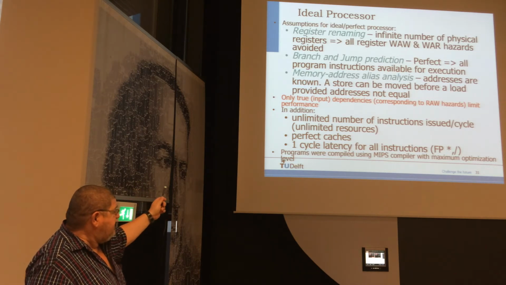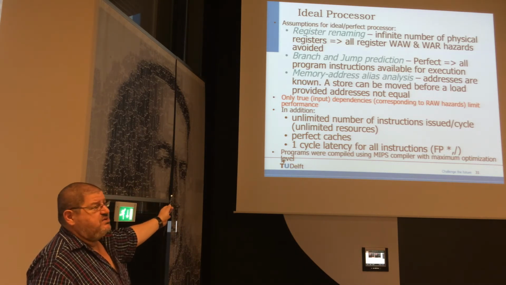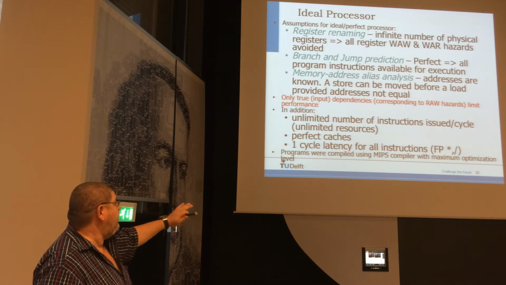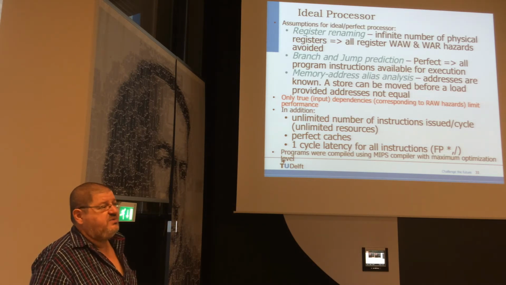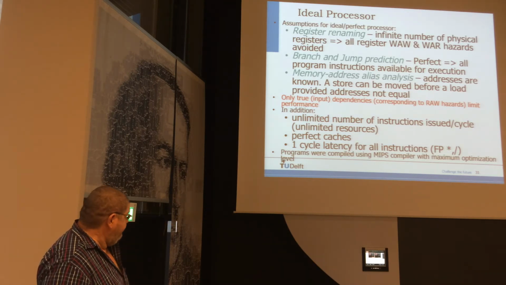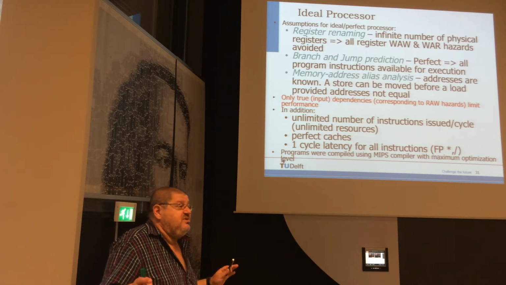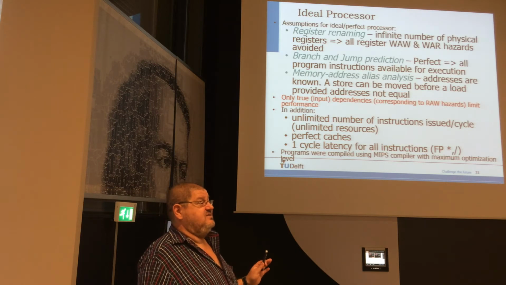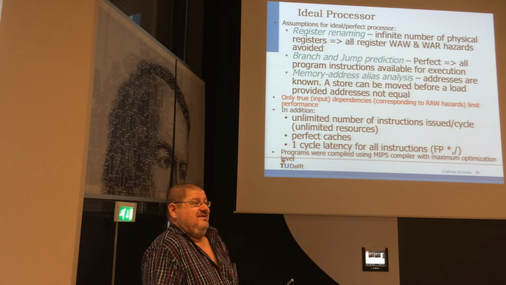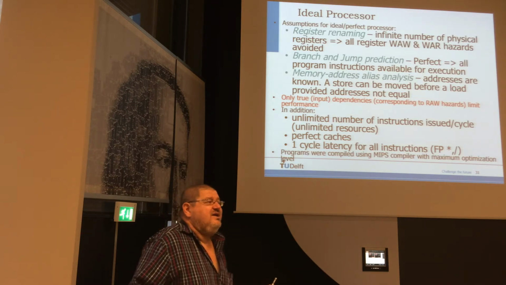I'm assuming also something which is completely not true, that each instruction will take one cycle, regardless of what instruction it is. And the only thing which I cannot assume different is the true data dependencies, because I cannot get rid of them.